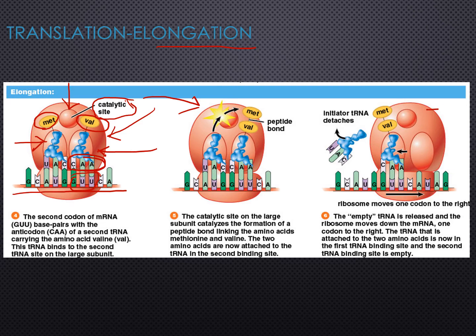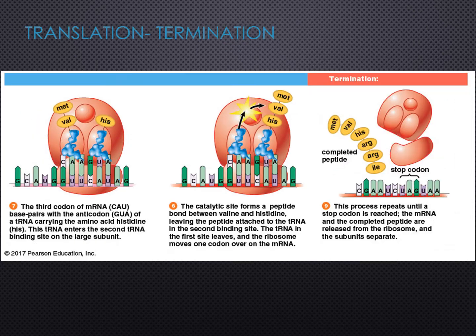The ribosome moves over one space so that there's now an empty location for another tRNA with its amino acid to enter the ribosome. So the next tRNA happens to be carrying HIS. I think that stands for histidine. And again, same thing. The ribosome will catalyze the formation of a peptide bond. So now we have MET, VAL, HIS in that order.